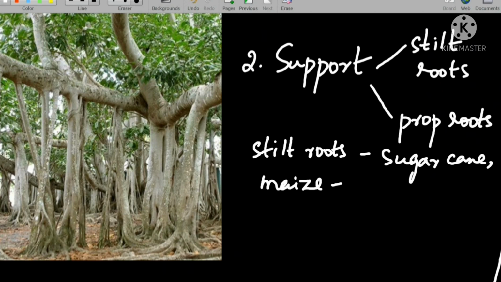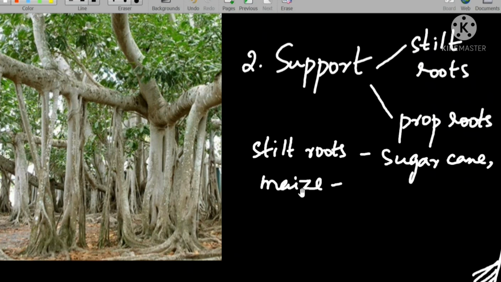If this is the stem, the points from which the branches arise are called nodes. So from the lowermost nodes the roots arise, above the level of soil, to support the plant.